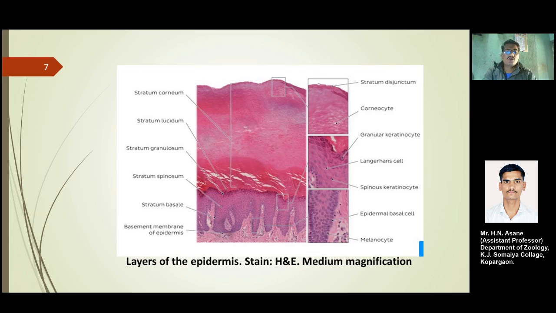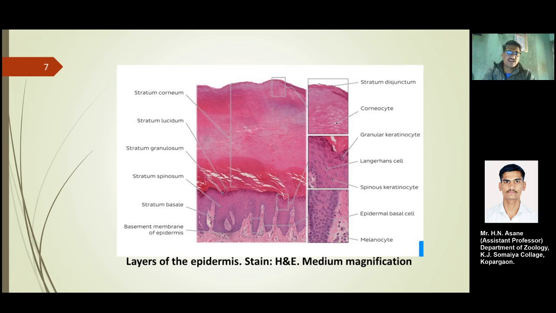The stratum corneum you can see is the pinkish, widest layer. As you can see in the middle, the biggest layer is the stratum corneum.